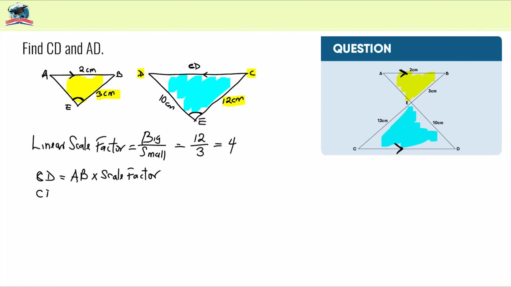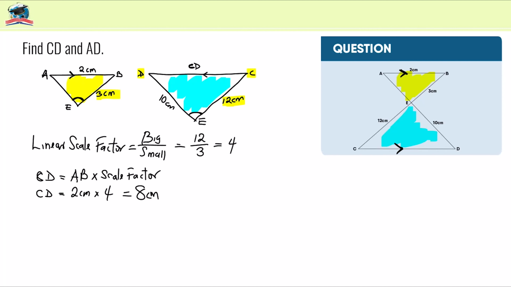AB is 2 centimeters, multiplied by 4. And 2 times 4 is 8 centimeters. Okay, sorted.